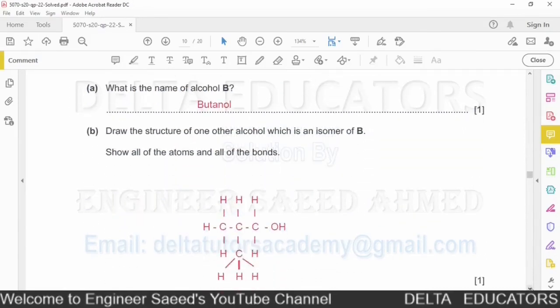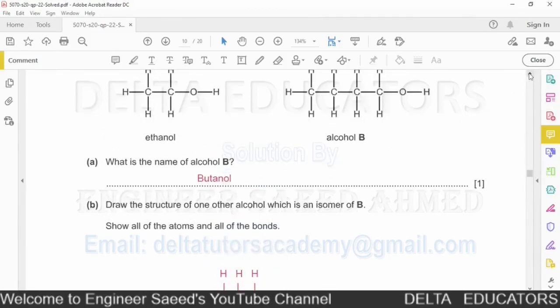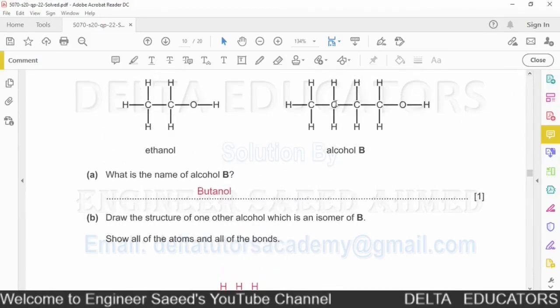Part B. Draw the structure of one other alcohol which is an isomer of B. Isomer means same molecular formula but different structural formula. Here in this alcohol B, we have total 4 carbon atoms. So the isomer of this alcohol should also have 4 carbon atoms.